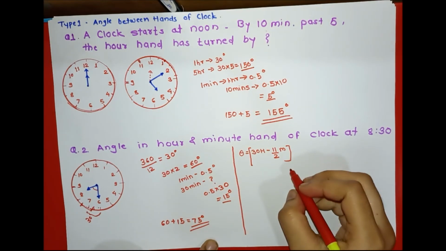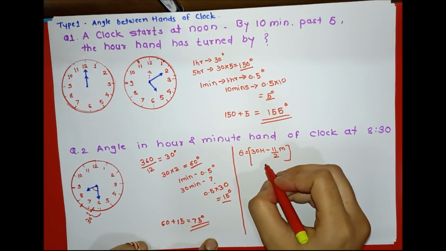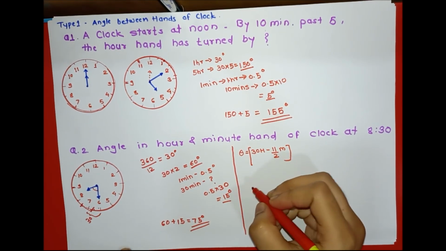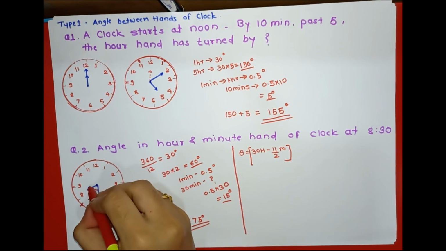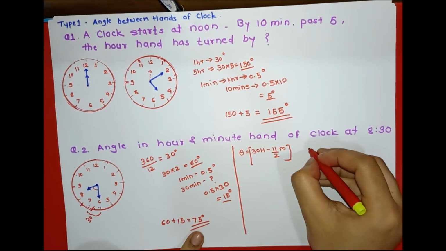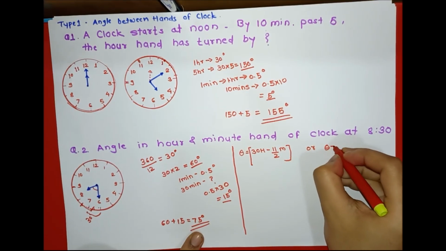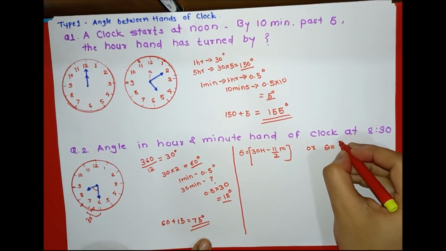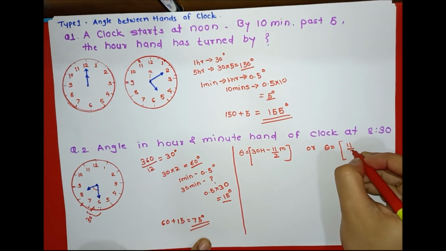You will be using this formula when the hour hand is ahead of the minute hand, like in this case, look, the hour hand is ahead of your minute hand. And if your minute hand is ahead of the hour hand, the formula will be just similar to it.